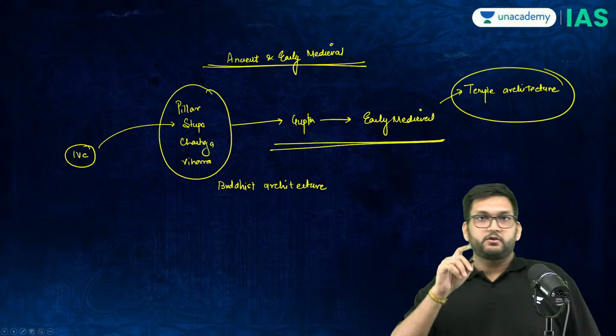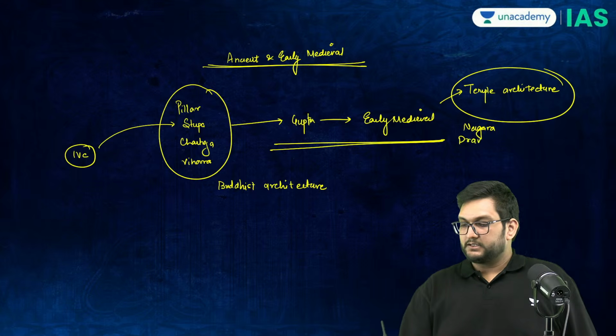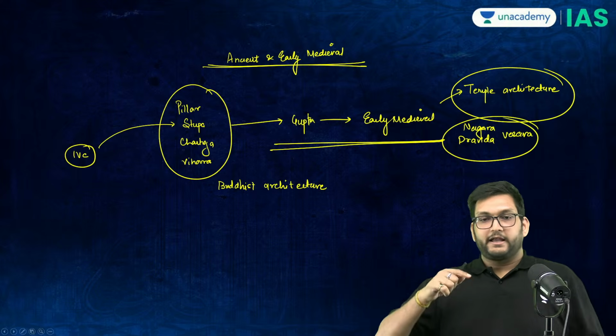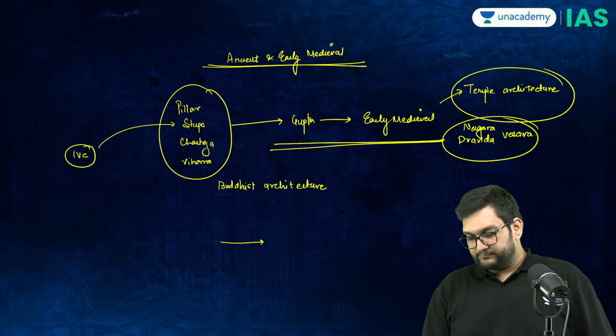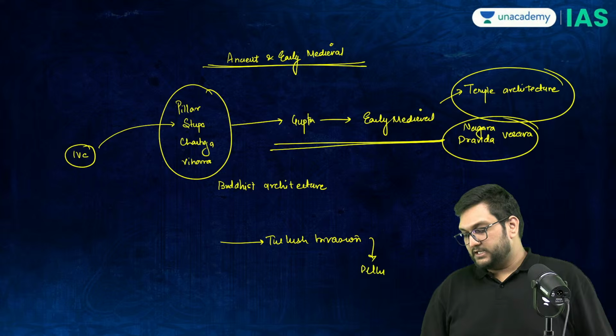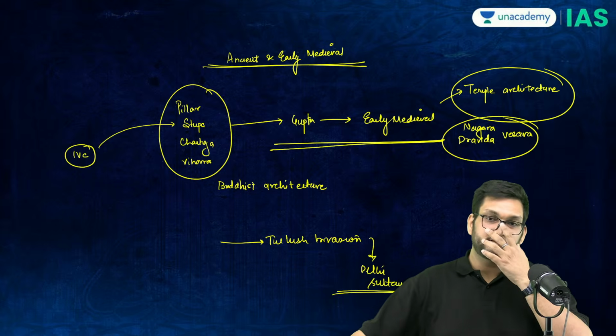Here we already know about Nagara, Dravida, Vesara, and it is this shift towards the period of the Turkish invasion and thereafter into the Delhi Sultanate that we see a new style of architecture rising, and that is what we have to discuss. That is the whole point of this discussion.